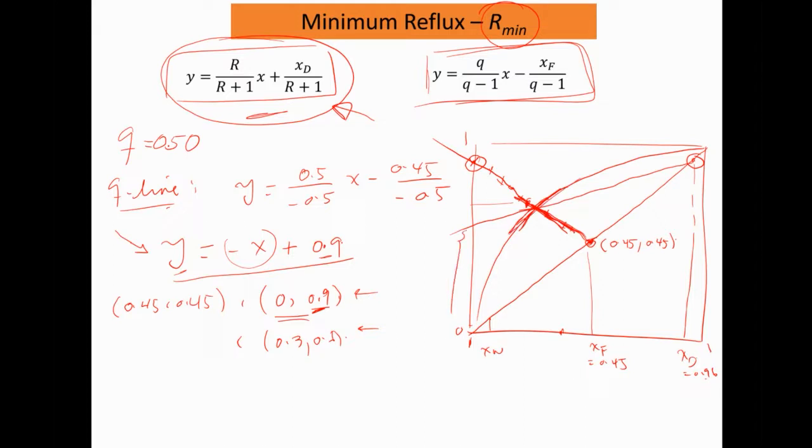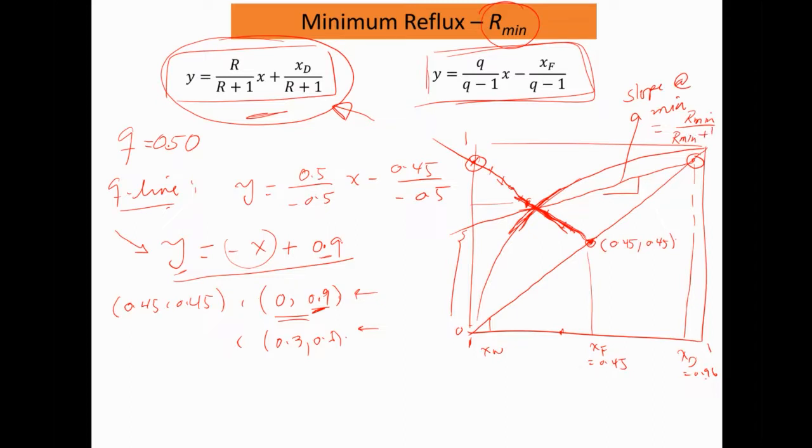And that will represent the slope at minimum condition. Because the slope here is equal to R minimum over R minimum plus 1.